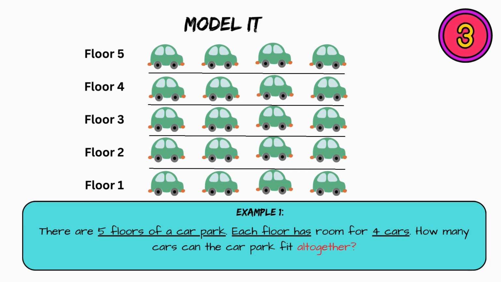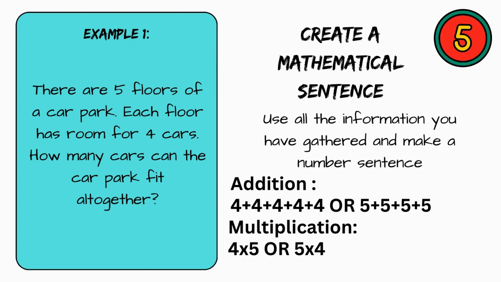That is multiplication. But in addition, you can say 4 plus 4 plus 4 plus 4 plus 4, adding each row up, and you can do columns, which is 5 plus 5 plus 5 plus 5. Whatever way works best for you. But if you still need to work on your mathematics, I suggest going for repeated addition before you step into multiplication, and taking long ways to help you understand it in exercises.